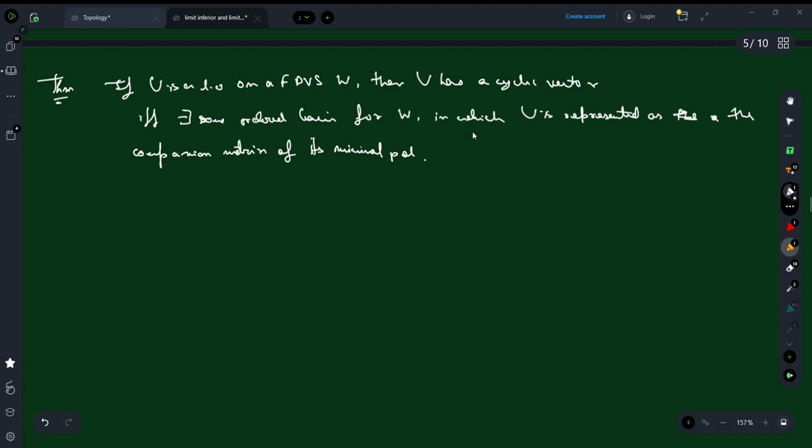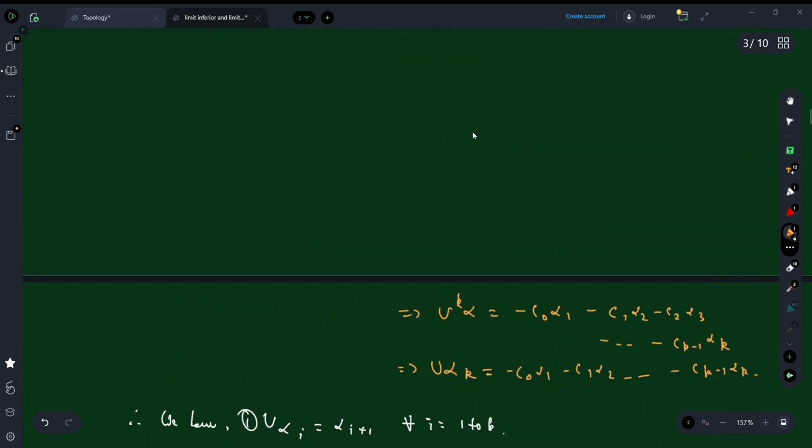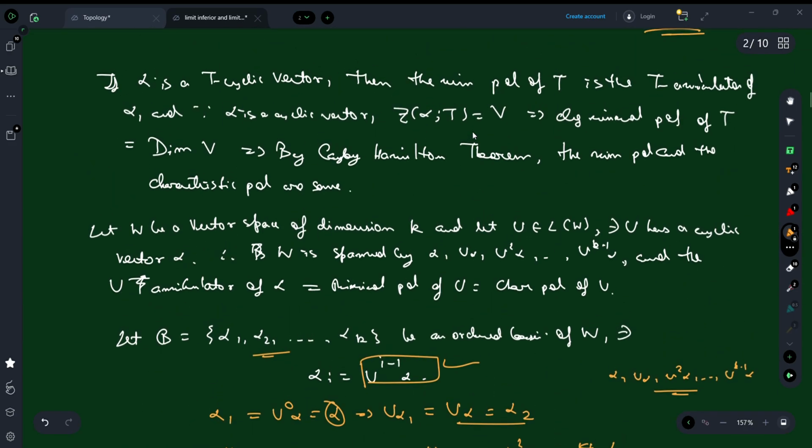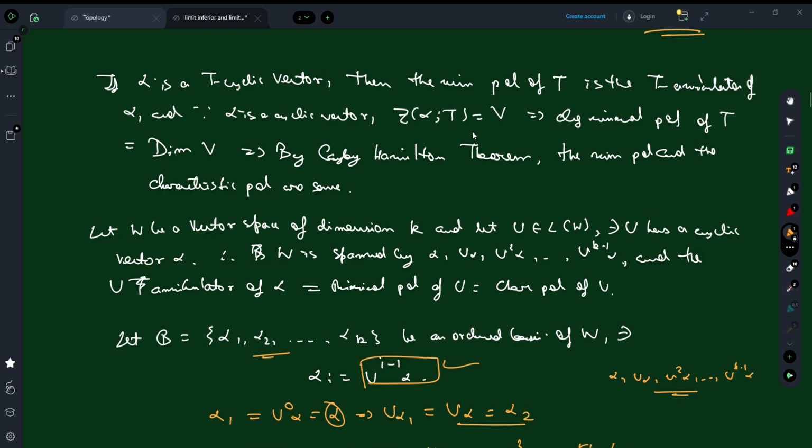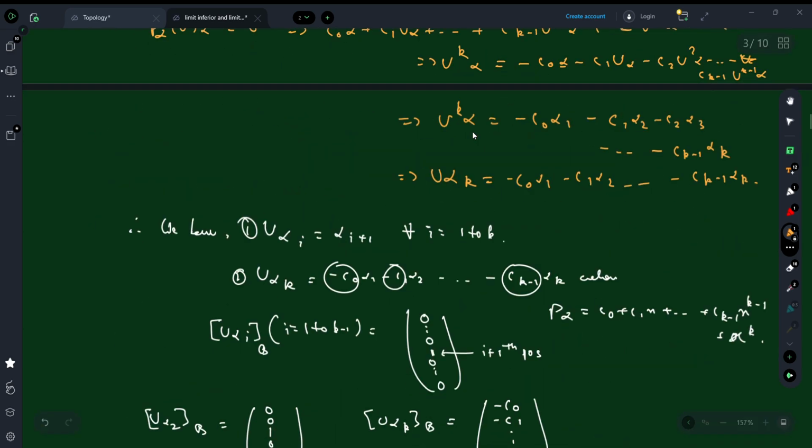Okay, a quick proof of this. One thing which we have obviously observed, from the observation before this calculating the characteristic polynomial of a companion matrix, was simply that if you have a linear operator defined on a finite dimensional vector space which has a cyclic vector, then it surely has this representation. It has a basis. We represented the elements of the basis as alpha 1, alpha 2 till alpha k, and we consider this linear operator U such that U of alpha k minus 1 is alpha k. Right? This is what we did. Just go back once. Yeah. So we have alpha i is equal to U to the power i minus 1 alpha.